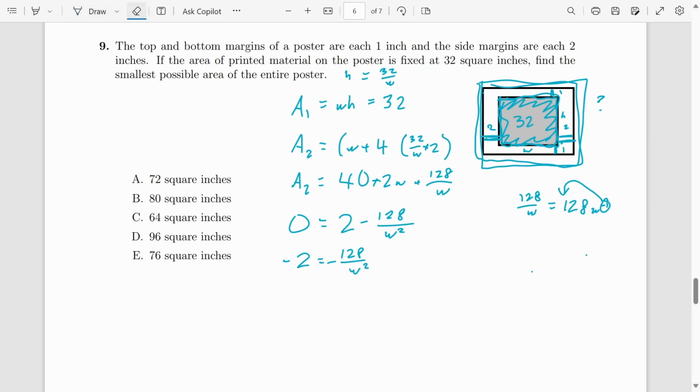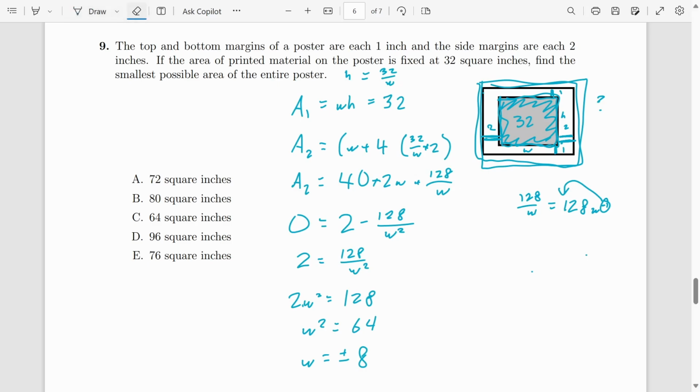We can multiply by negative 1 to make everything positive. Now we multiply both sides by W squared, so we get 2 times W squared equals 128. We divide both sides by 2, so W squared equals 64. Then we square root both sides, and we get W equals plus or minus 8.